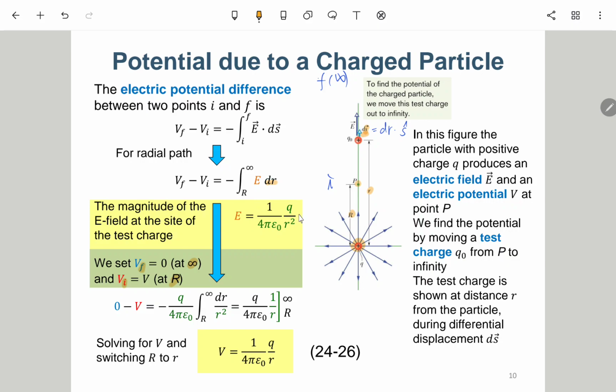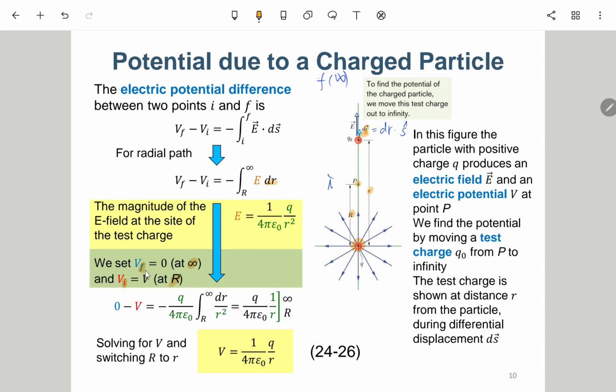Actually, we need to do this integration, and suppose we have some knowledge of the E field. The E field is 1 over 4 pi epsilon naught, which is k times q over r squared. We put this into the integral.